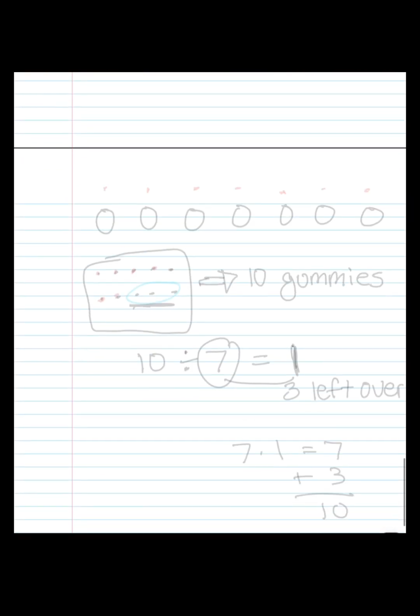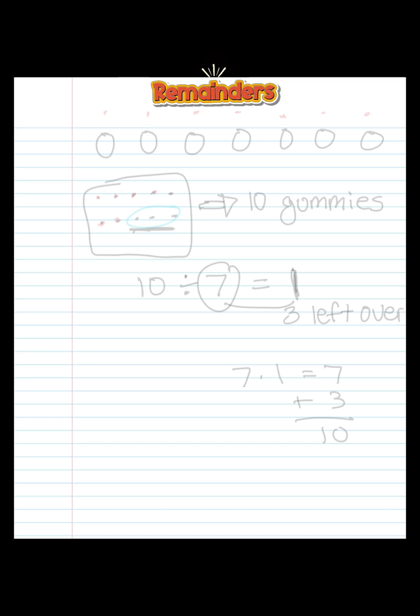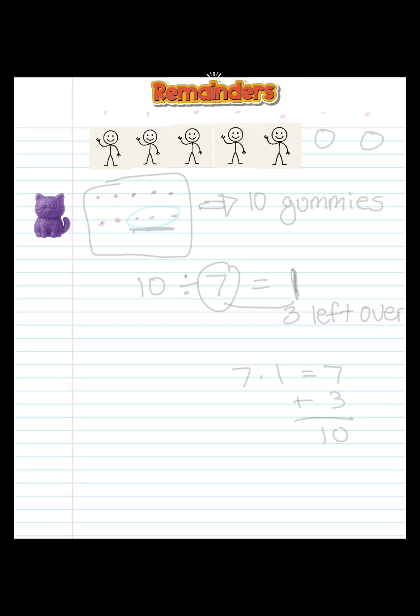The last concept I want to introduce to you regarding division is remainders. Remainders are where things don't divide evenly. Let's say you brought a new delicious gummy snack to school that you want to share with your friends. And you have 7 friends that you sit with at lunch. And the pack of gummies contains 10 gummies.